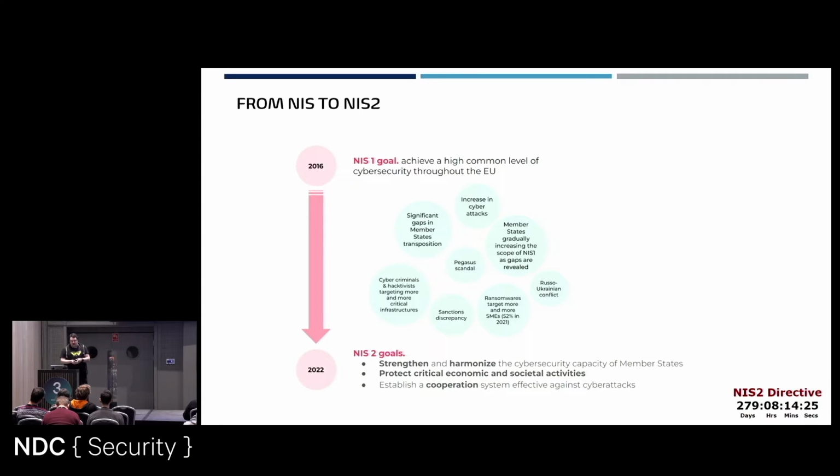Now, the issue with that was, and there were a number of issues. One, we saw significant gaps in the way the member states transposed the directive into national law. They went for the easiest way out. Like, if we don't really have to do X, we won't. And that's what got a few of the member states with a more strict NIS implementation and others with a more lenient one.